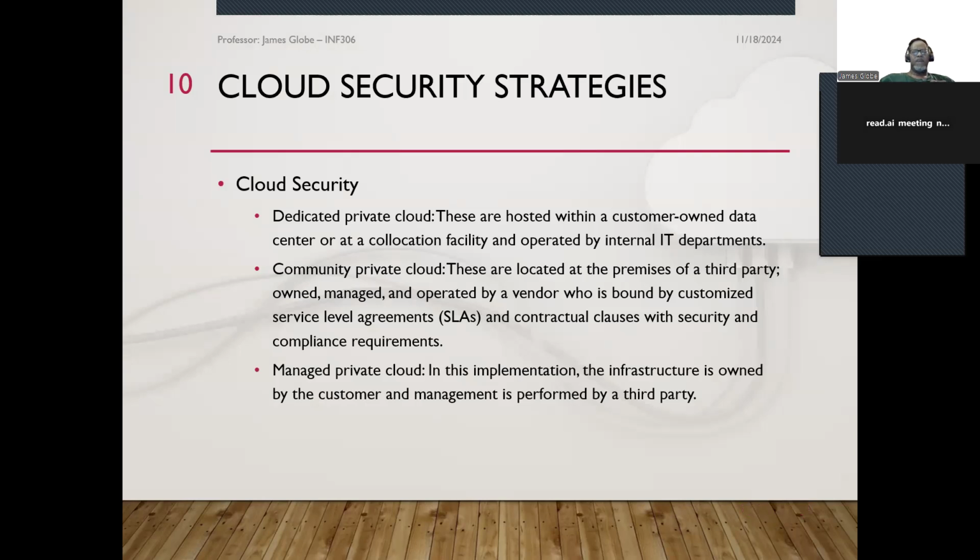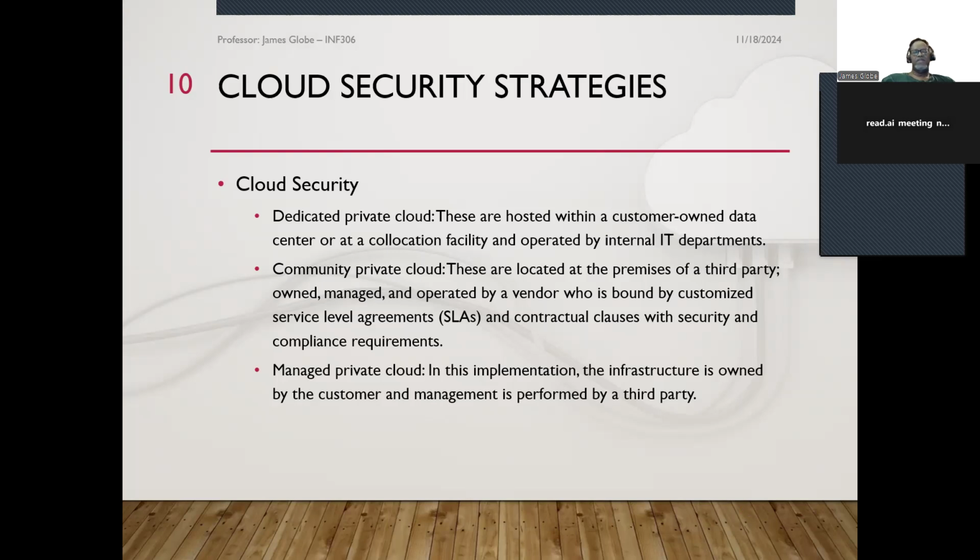So dedicated private clouds are hosted within a customer-owned, paid or leased virtual private area or instance, which is made up of CPU or processing assets and storage, and the networking piece that allows you to move data between endpoints.